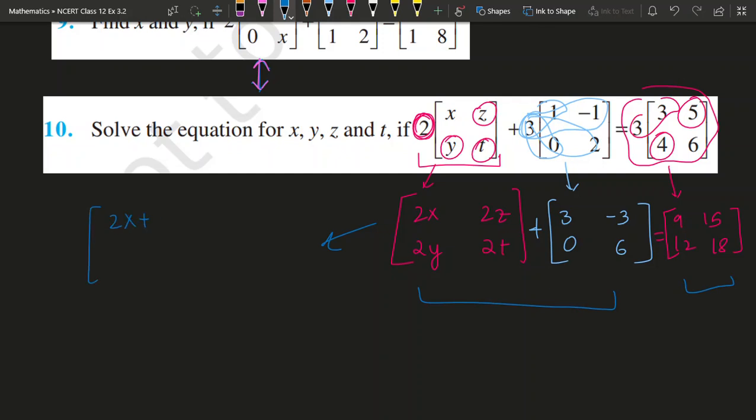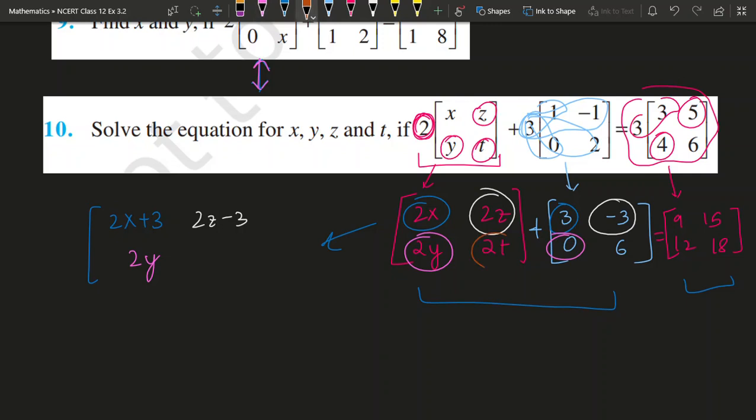So 2x plus 3, 2z minus 3, 2y plus 0, so just 2y, and then 2t plus 6, and this is equal to the matrix on the right hand side, which is 9, 15, 12, and 18.